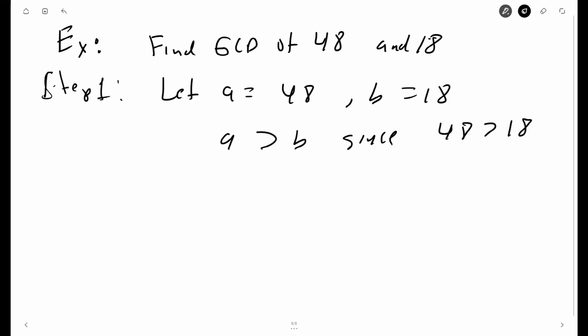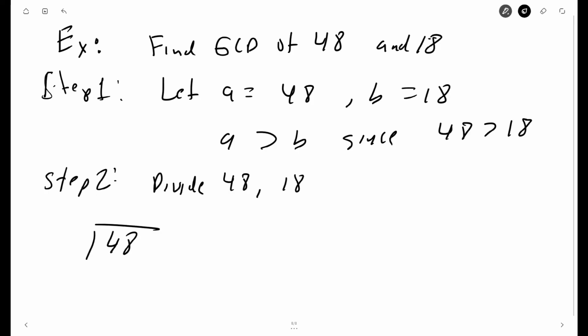So now step 2, divide 48 by 18. So we say 2. 2 times 8, that's 16, carry 1. 2 times 1 is 2, that's 36. 48 minus 36 is 12.